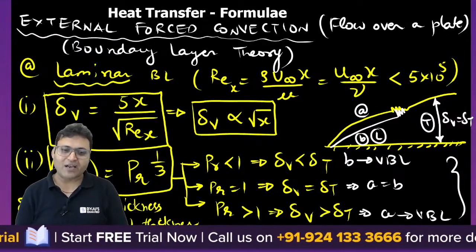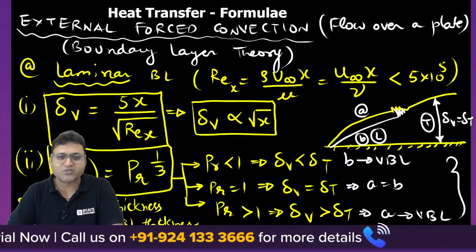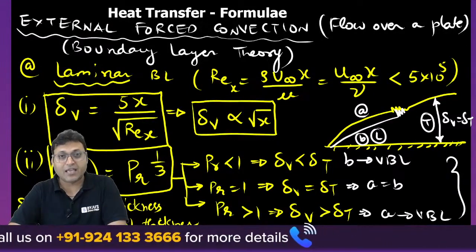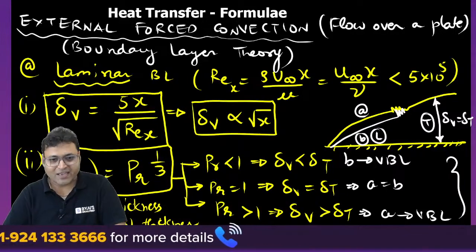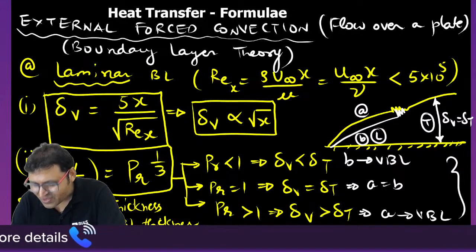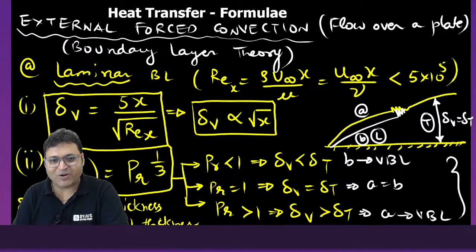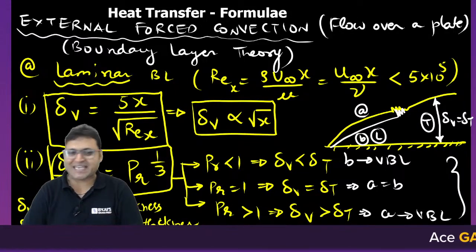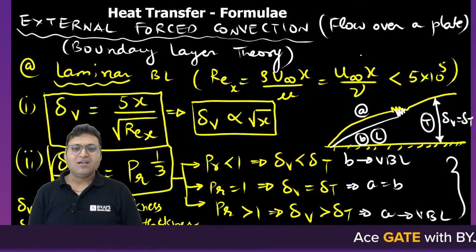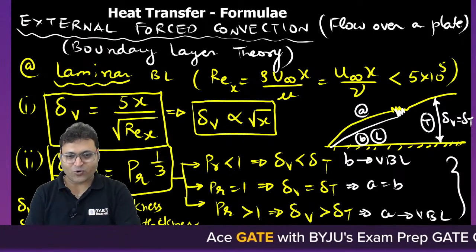Because of mixing dominating, there will be equal growth of velocity as well as thermal boundary layer. I hope this is clear. A boundary layer exists in laminar flow also and in turbulent flow also, but the growth of velocity boundary layer and thermal boundary layer will be the same in case of turbulent flow.